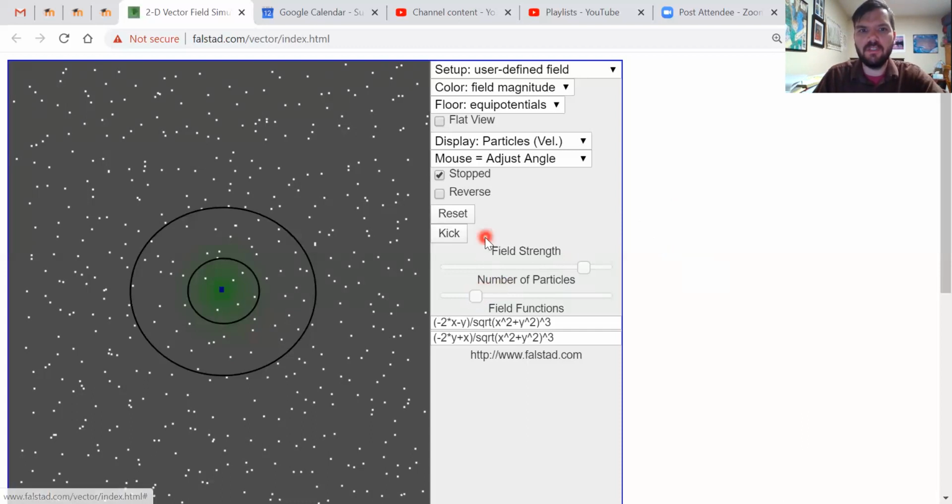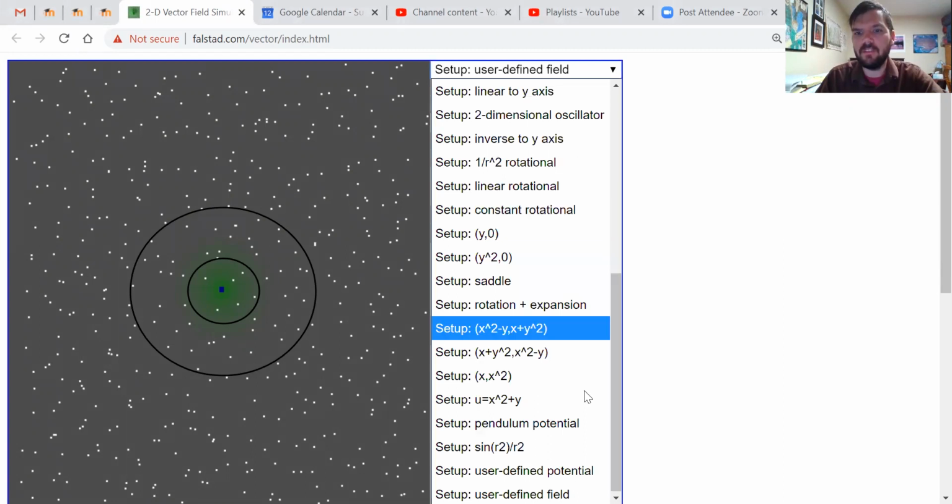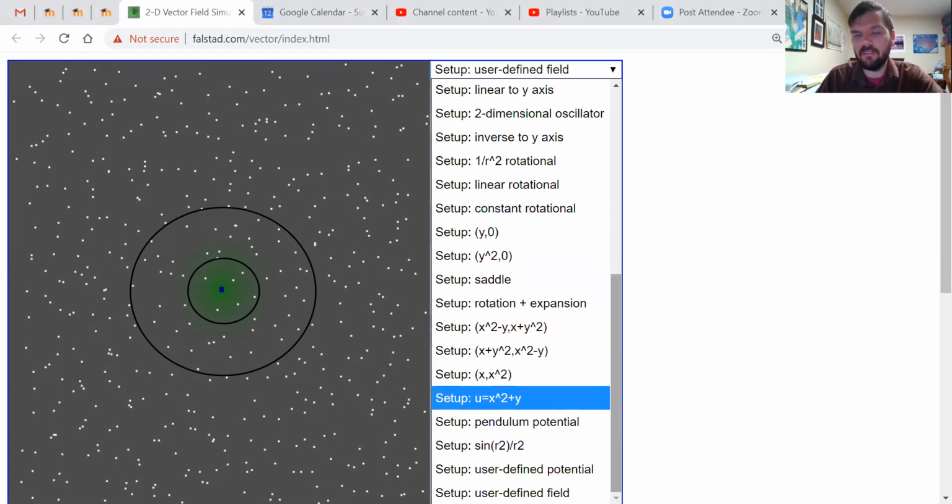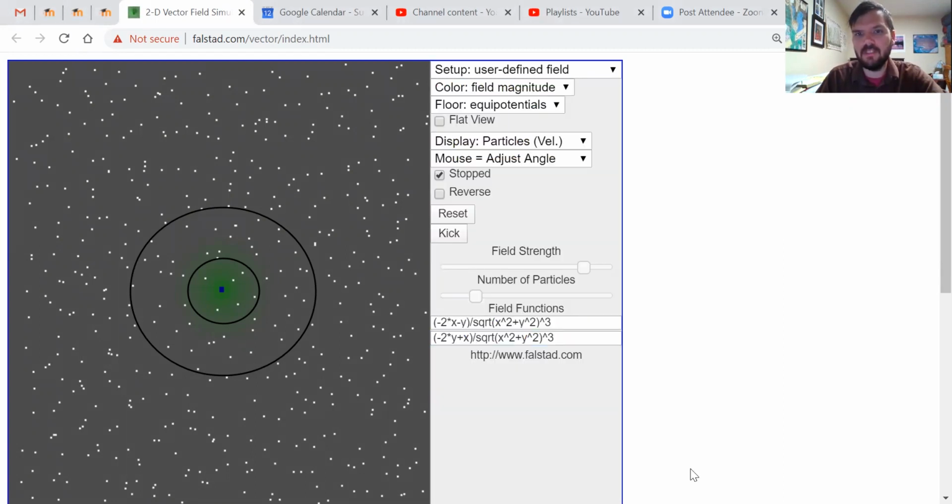Now, what you can also do with this app is modify it to have your own vector fields. Notice that I'm under the setup user defined field option that's on the very bottom there. And I've used sqrt to represent the square root function with nice round parentheses.